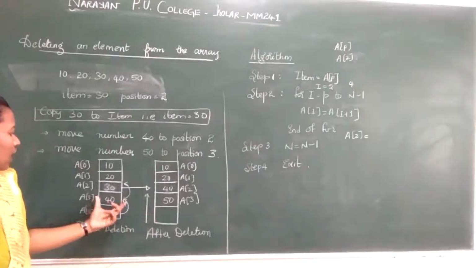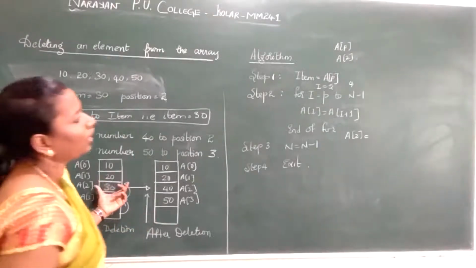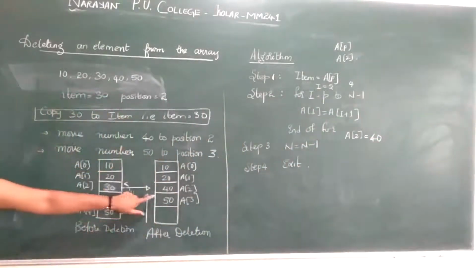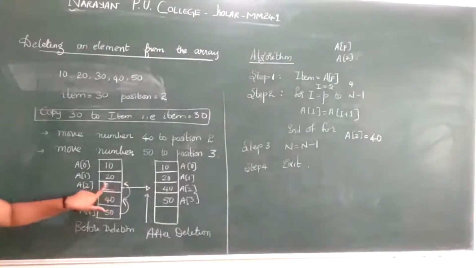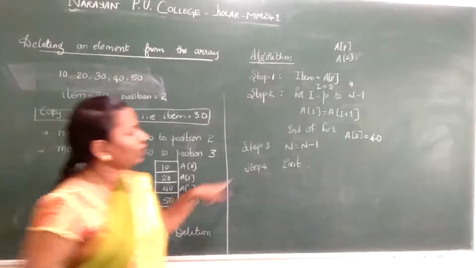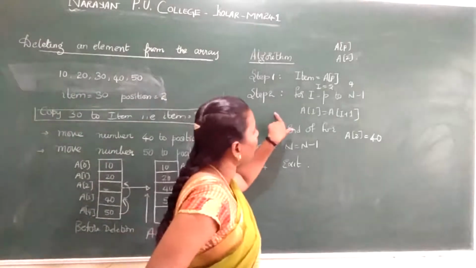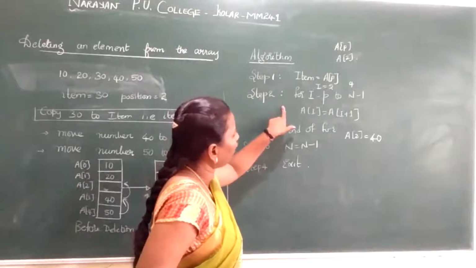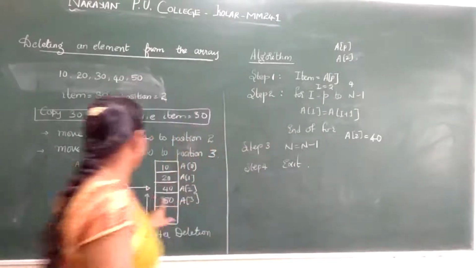We have 40. That 40 I am moving to A of 2. Once this item is deleted, 40 is moved to A of 2. Again, you have to increment the for loop. Here what will happen? A of 3.